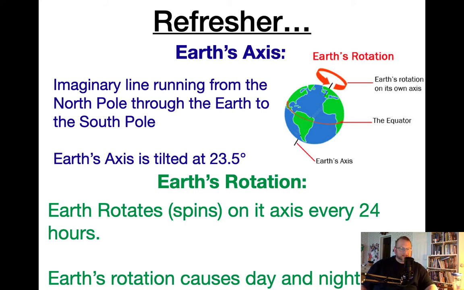The Earth's axis is tilted at 23.5 degrees. That's important. You have to understand that the Earth's axis is tilted at 23.5 degrees, and the Tropic of Cancer and the Tropic of Capricorn are at 23.5 degrees. When we get to seasons on Thursday, that's going to become very important. So rotation: Earth is rotating around its own axis, rotating around one point.